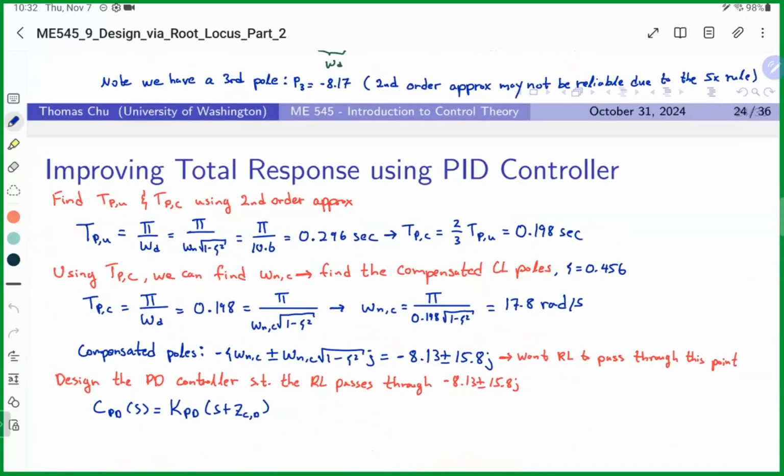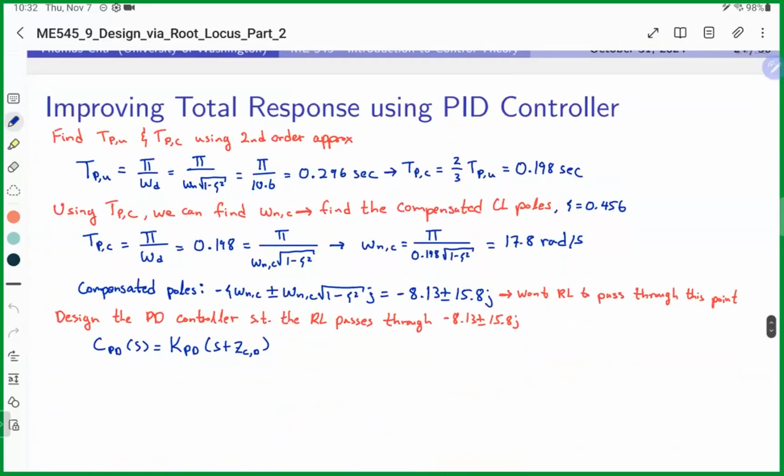Once we get that, we get the desired peak time of the compensated system, and then using the desired peak time of the compensated system, we're able to work backwards and determine the corresponding natural frequency of the compensated system that we want.